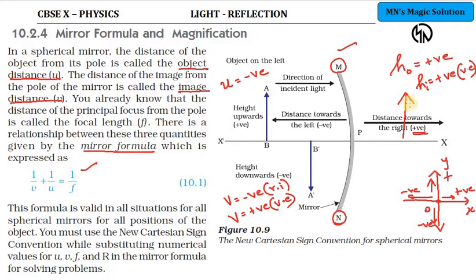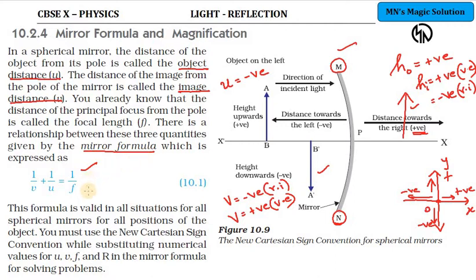Only for an erect image will you take it upwards, and if it is a real inverted image, then the height of the image is taken as a negative value, because you are taking it towards down. So these are the sign conventions that you have to keep in mind when we are working out problems based on this mirror formula.